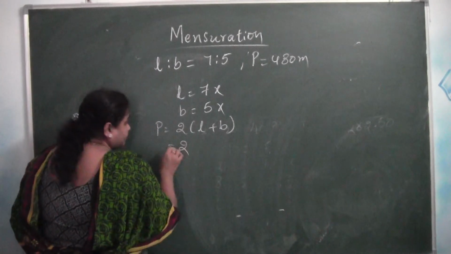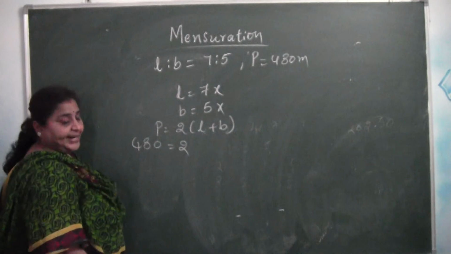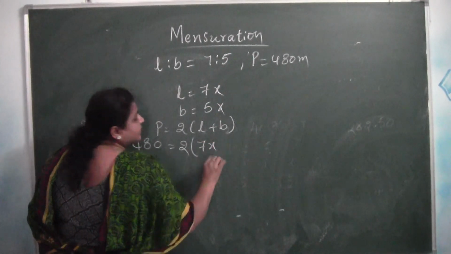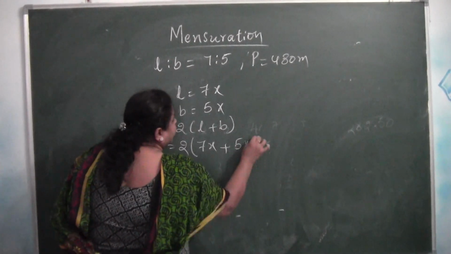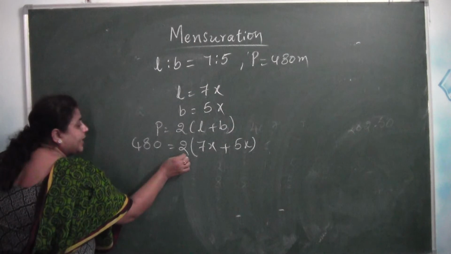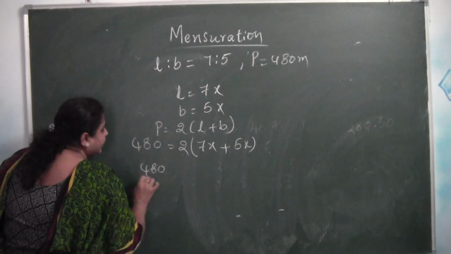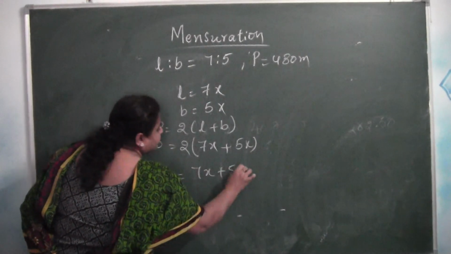Next, what is the value of perimeter? 480. So 480 equals 2 into what is the length we have taken? 7x plus 5x. Now I am getting 2 here, so 480 by 2 is equal to 7x plus 5x.